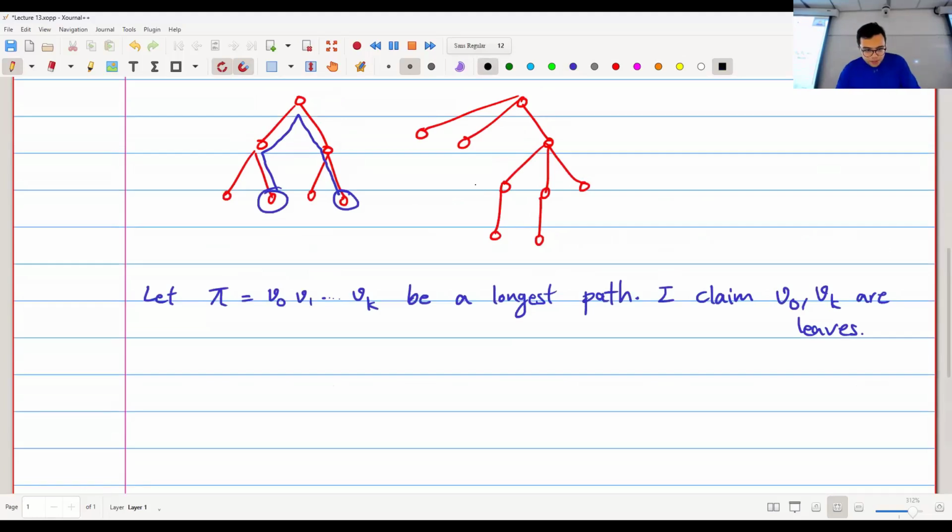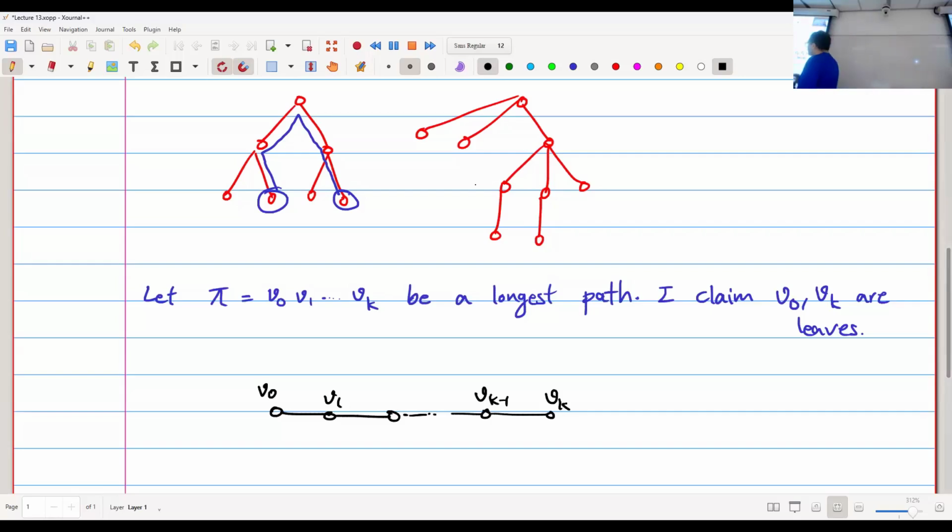Suppose that I have this path, and again, this is my longest path, so it starts at V0, goes to V1, keeps going until it gets to Vk minus 1 and Vk. Okay. Suppose that V0 and Vk are not leaves. What does that mean?